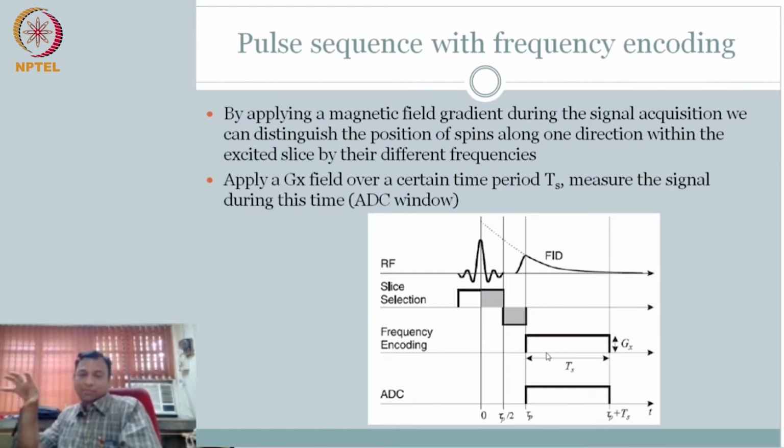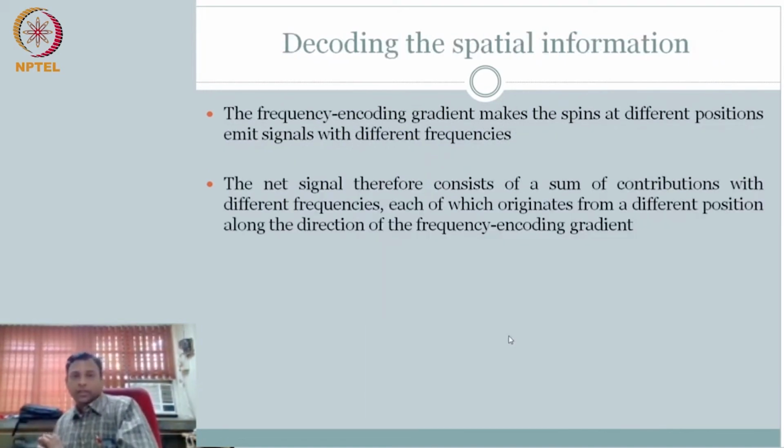You are doing a net sum, correct? And therefore the recorded signal is going to have all the frequency components. We'll look at it a little more. When you decode the signal information, the frequency encoding gradient makes it possible, because spins at different locations in X are going to have different frequencies.